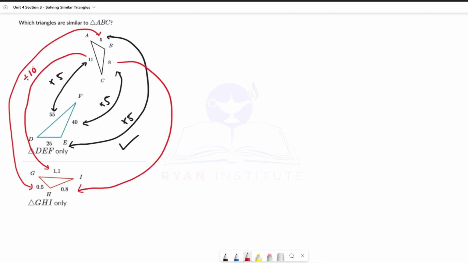In order to go from 5 to 0.5, we need to divide by 10. And in order to go from 8 to 0.8, we need to divide by 10 as well. So that means that triangle GHI is also similar to triangle ABC. And we're done.